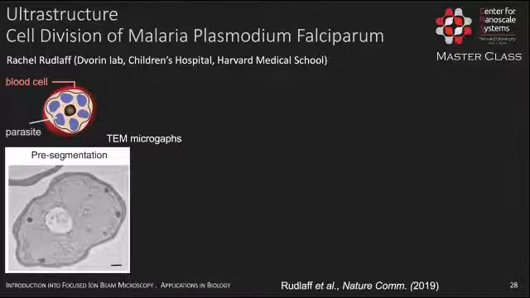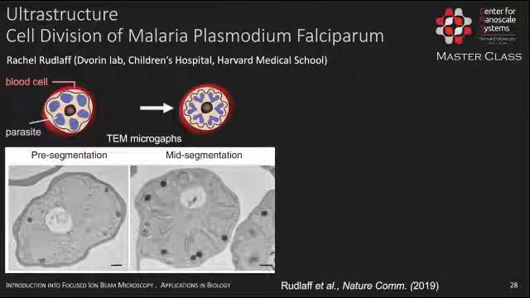And it's a rather unusual organism. It is not segmenting in the classical way, where the cell is dividing into two, but it is actually simultaneously forming at once over 30 daughter cells.